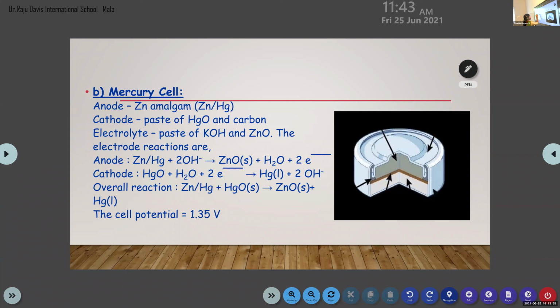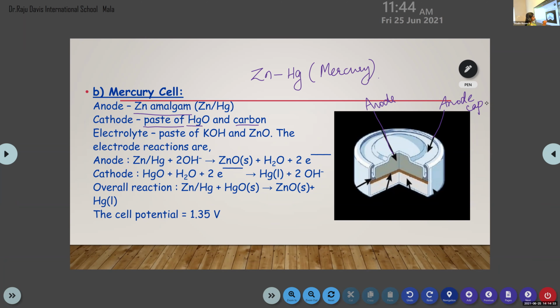Here the anode is zinc amalgam. Zinc amalgam means zinc is mixed with mercury, Hg. And the cathode is a paste of mercuric oxide and carbon. This portion is the anode. Then here is the anode cap, that's clearly in your textbook.